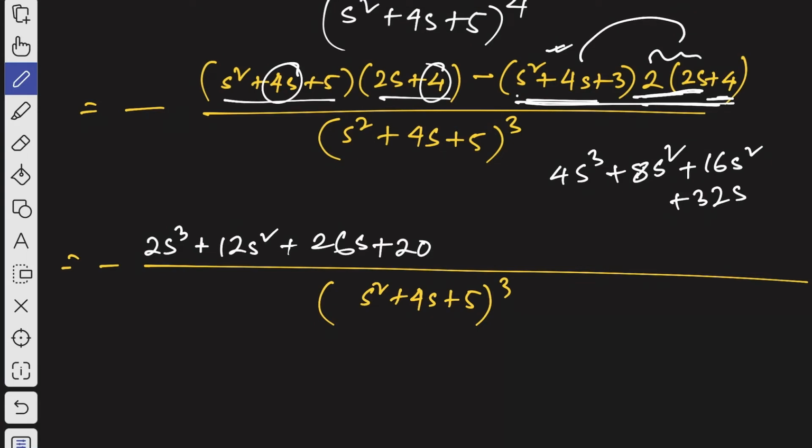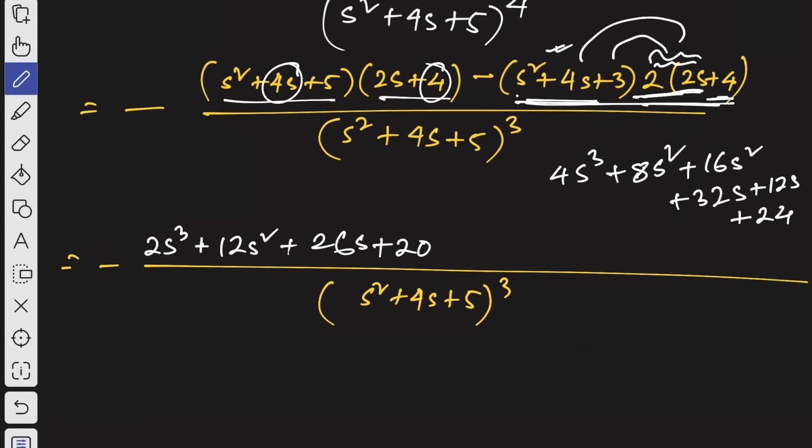Then by 3, now if you multiply 3 here, 2 into 2 is 4s, then 12s, then 8 into 3 is 24. That's what we will get.